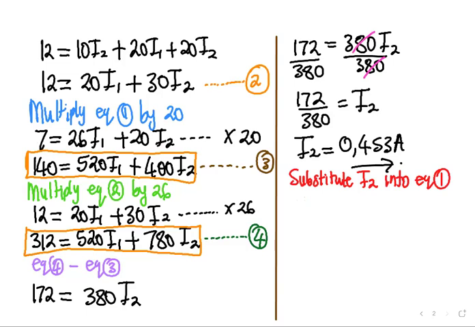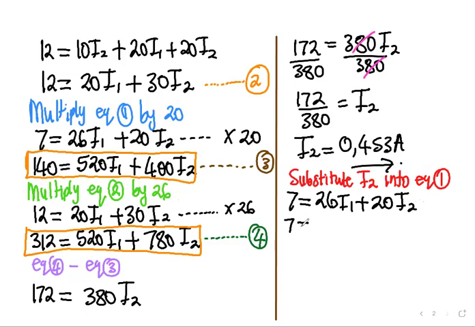So we're gonna write 7. So this is our equation number 1. 7 equals 26 I1 plus 20 I2.